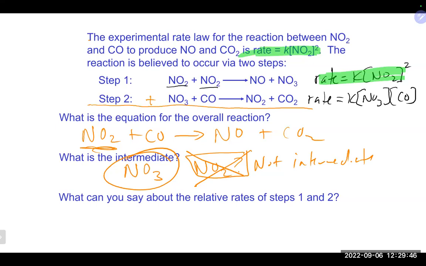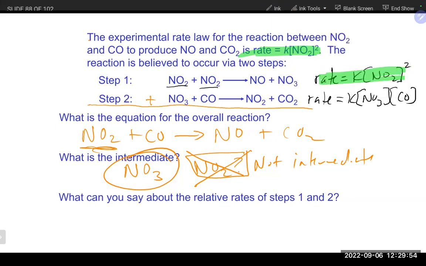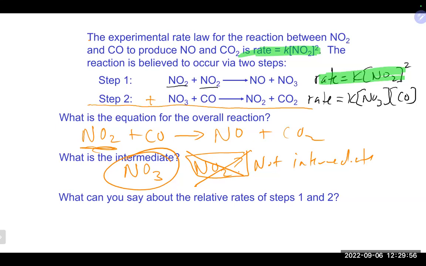When a step in a mechanism has the same rate law as the one found experimentally, that means that step is which step? That would be the slow step, or the rate determining step, right? It would be step number one. So step number one should be slow, right?